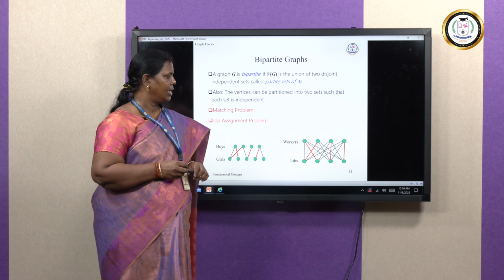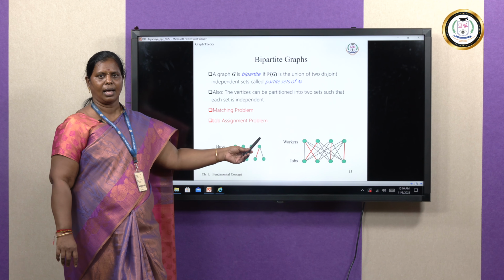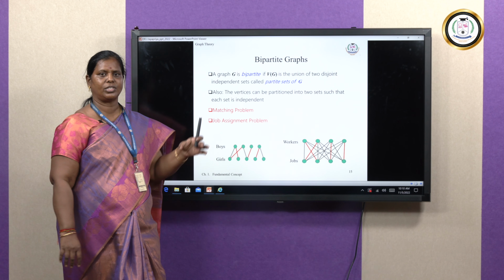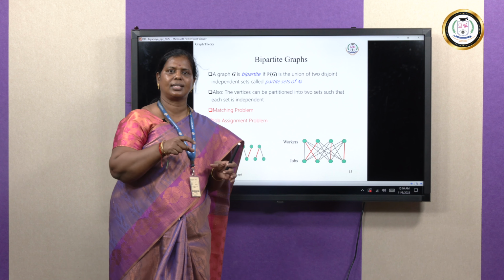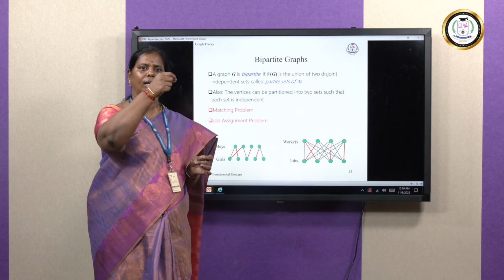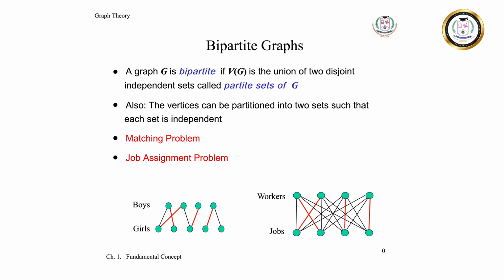It means that when we partition the set of vertices into V1 and V2, each edge has an adjacency between a vertex in the set V1 and a vertex in the set V2. Here are two examples.